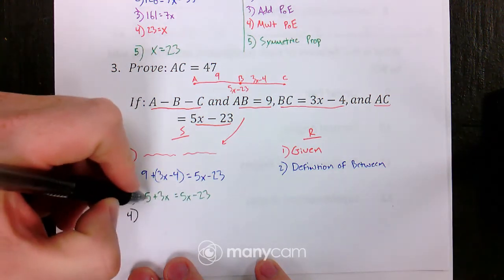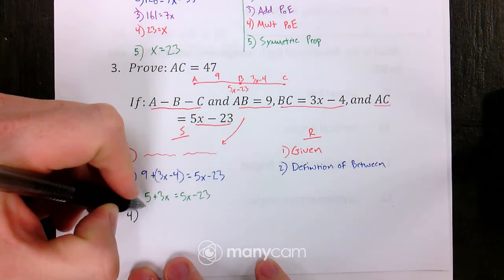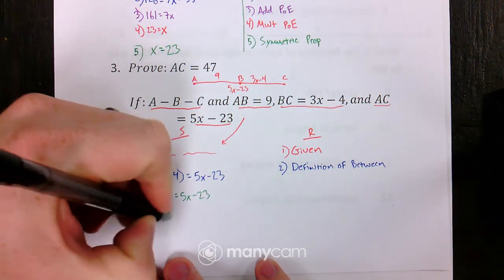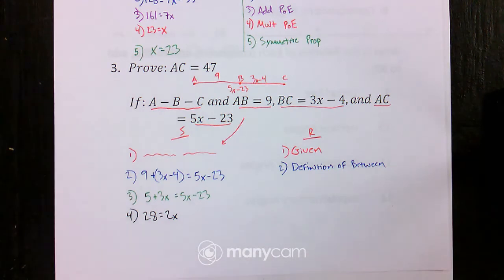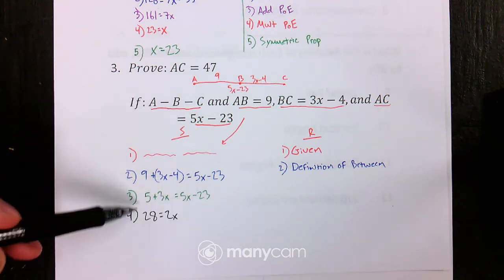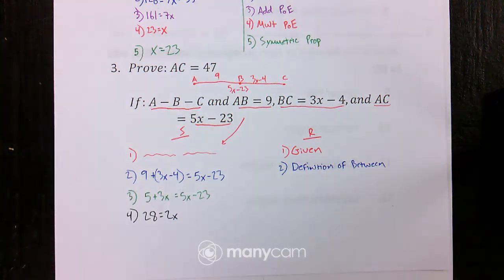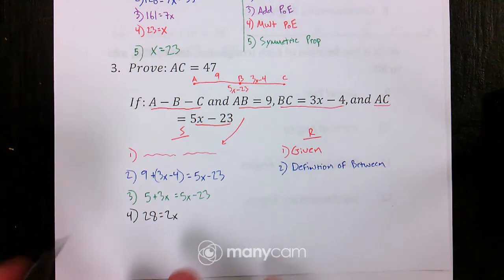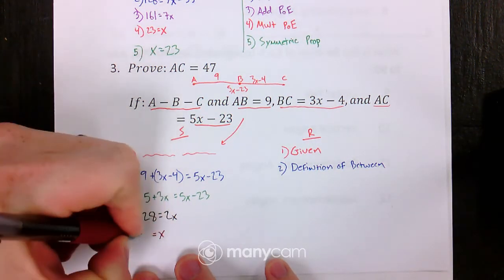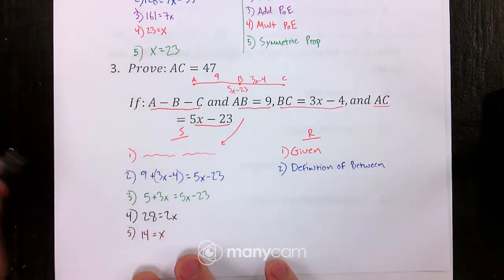That's going to give me 28 on the left equals 2x. So I just subtracted 3x on both sides, and I added 23 to both sides. Then I'm going to divide by 2, so I would say that x equals 14.